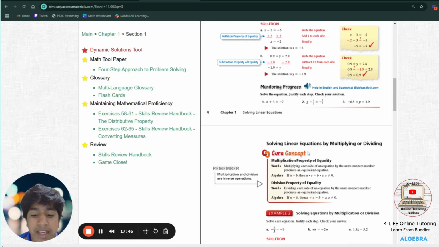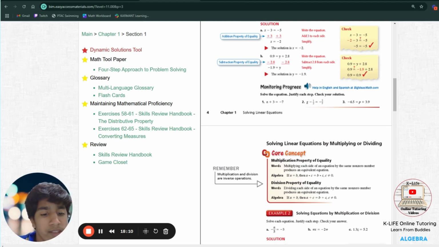You're multiplying each side by the same non-zero number. If you multiply by 0, it can change your answer, okay? So you have to remember it has to be a non-zero number.